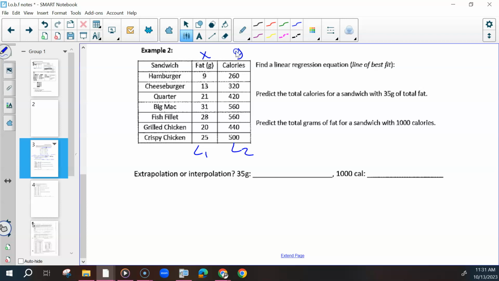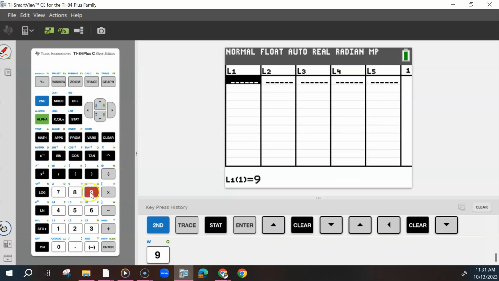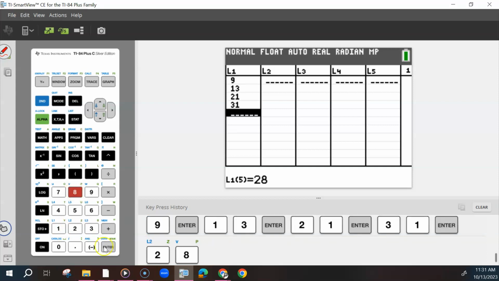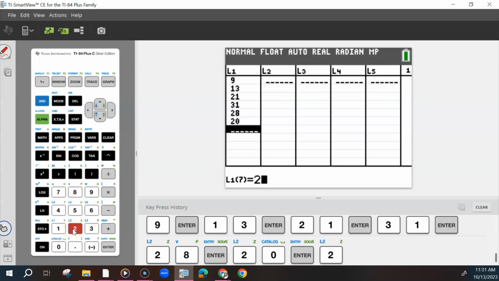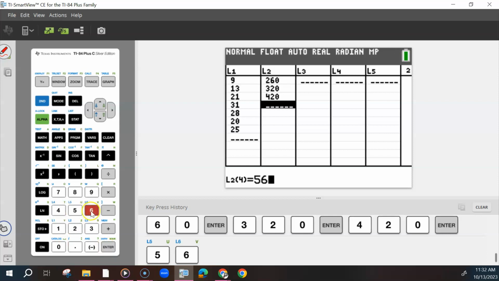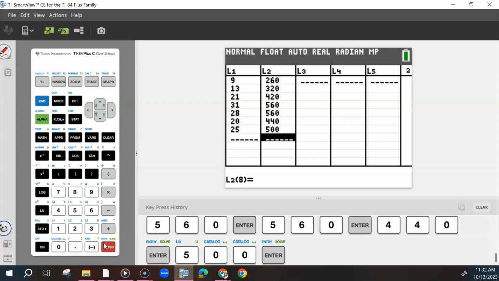So start putting that data into L1 and L2. Be careful because it does say 560 twice. Alright, I'm going to give you 10 more seconds to finish putting in numbers if you haven't already.